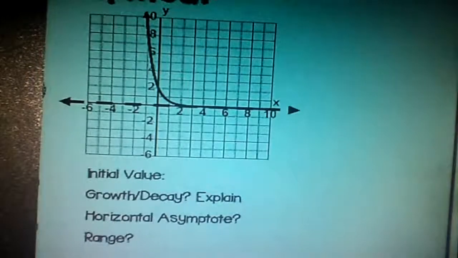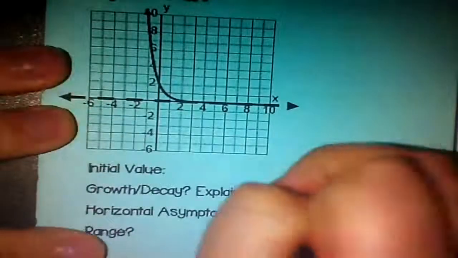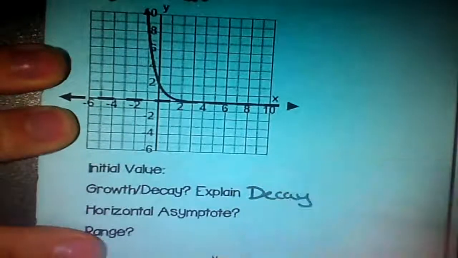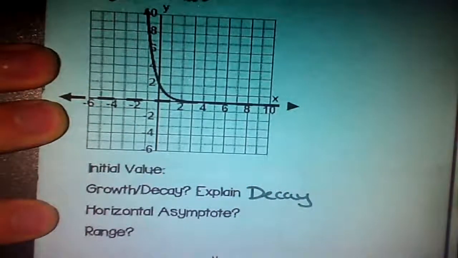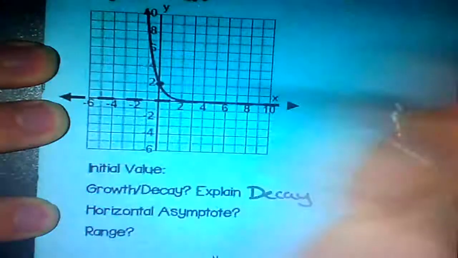If I go from the left to my right, what is happening? I'm decreasing. It's getting smaller as I read my graph from left to right. So this is decay. What's my initial value? 2. Good. It's my y-intercept, which is 2.